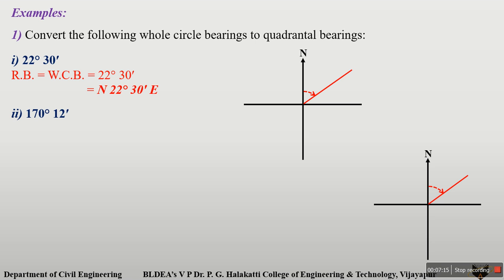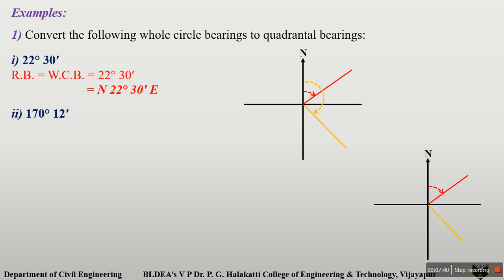Second example, that is 170 degree 12 minutes. This one lies in the second quadrant, like this. Whatever the 170 degree 12 minutes is, it is measured from the north up to the line, and that value is our 170 degree 12 minutes.